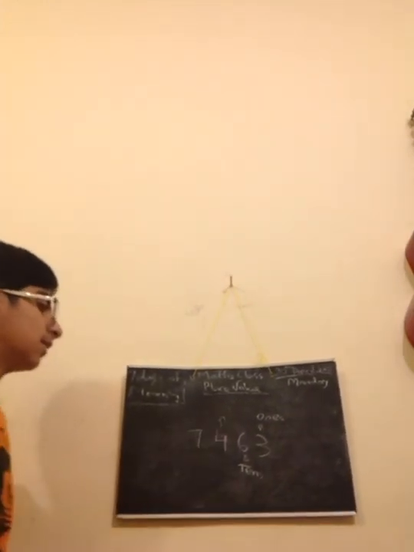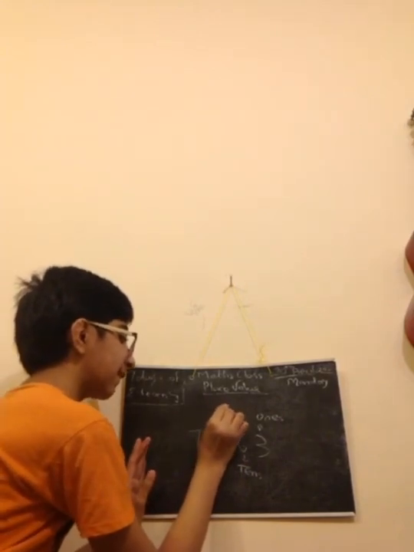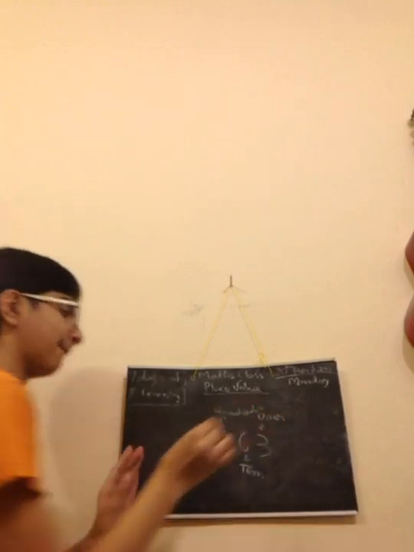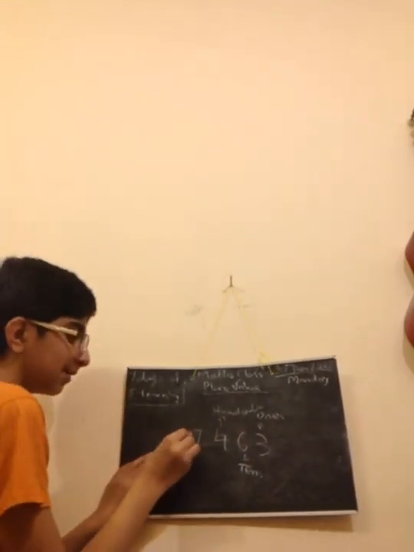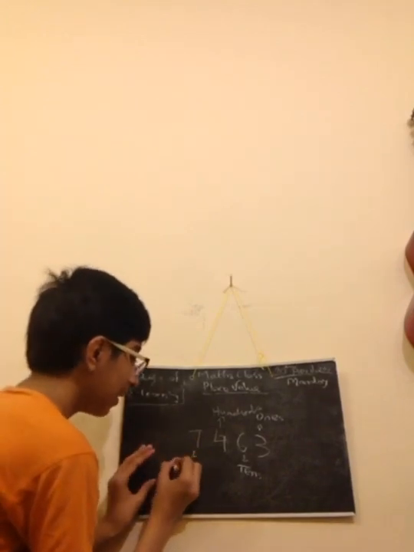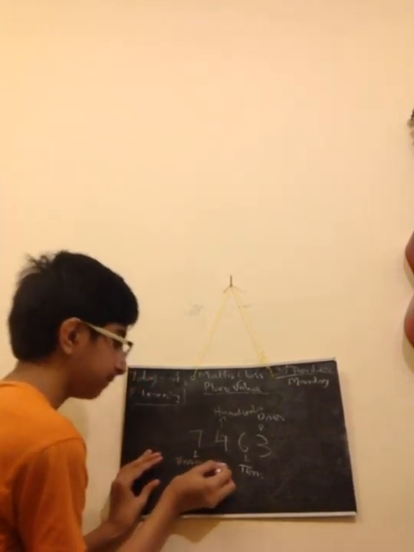Now, before tens, there is the hundreds place. And the leftmost place is called the thousands place.